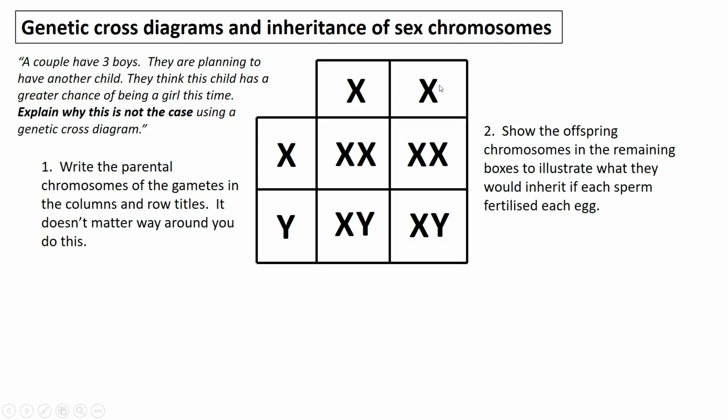And you carry that on. So this egg and this sperm and the child produced will have 2 X's. And then this egg, along with the Y carrying sperm, and you will have XY and XY. So that is your genetic cross.